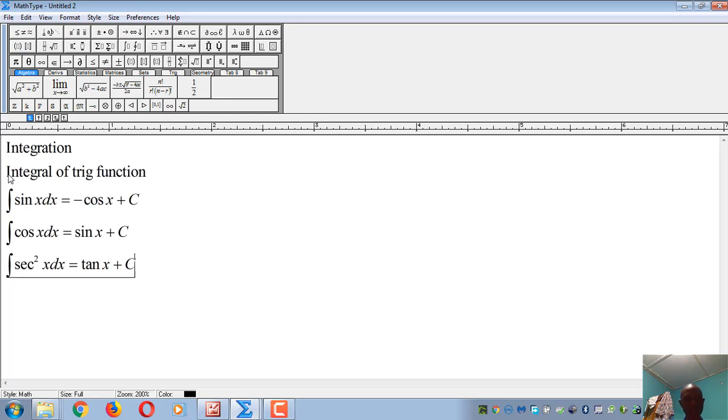Now let's start with these fundamental trig functions. Let me show you an example. These are the fundamental trig functions. The questions might not come straightforward like this, but these are the fundamentals.